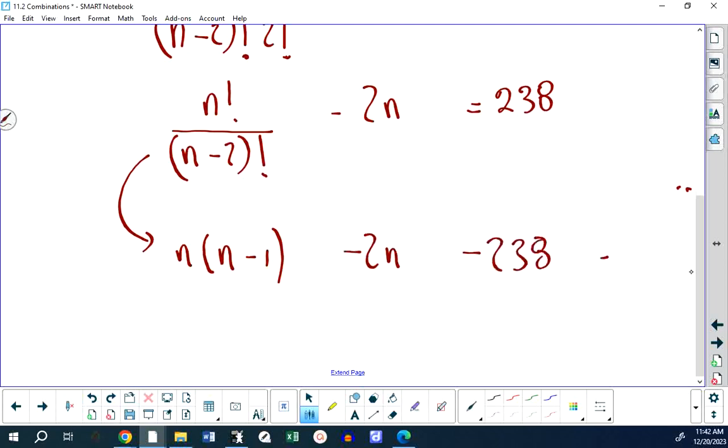I'll leave the rest to you. You expand it out, you simplify it, you factor it. Since n is a natural number, in other words, no decimals, it must be factorable. You'd have n squared minus 3n minus 238, and you'd factor it. Anyway, any questions with that final example?